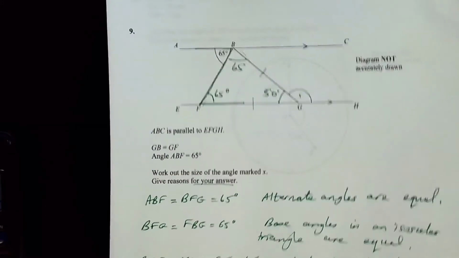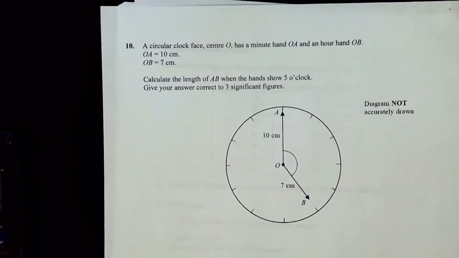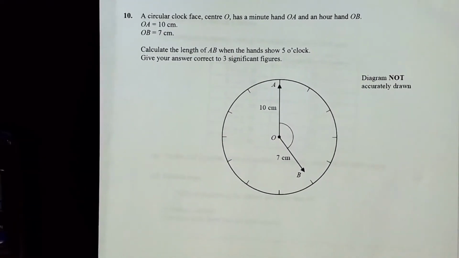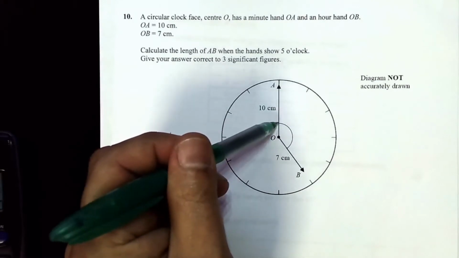Question 9 done, and now question 10. Question 10 gives you a circular clock face, center O, with a minute hand OA and an hour hand OB.